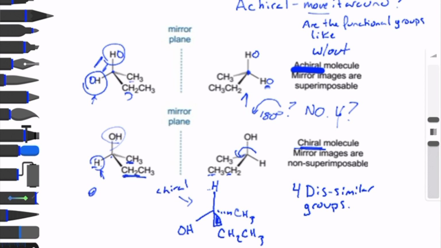But now you might say, but wait, Kyle. Even though this is still chiral, maybe we can flip the alcohol and the hydrogen so that'll fit. Well, let's try that. Let's flip the alcohol with the hydrogen group and see what happens. So we're basically doing another 180 degree switch around this axis of rotation, around this middle axis like this.